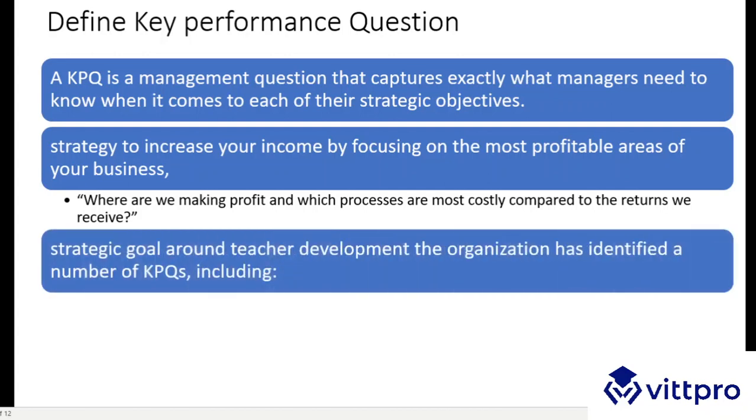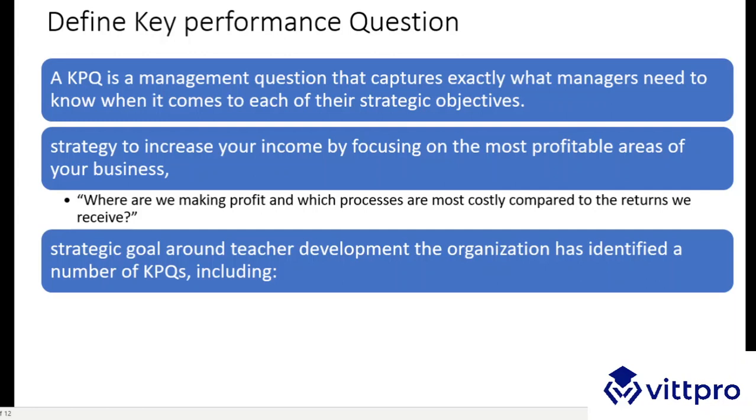This is an example of a key performance question that you may be asking. If your strategy is to increase the income by focusing on the most profitable area, then you ask: where are we making the profits and which process is most costly? In another example, the strategic goal is teacher development.